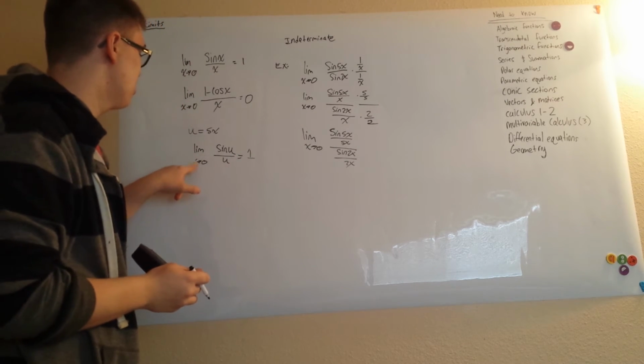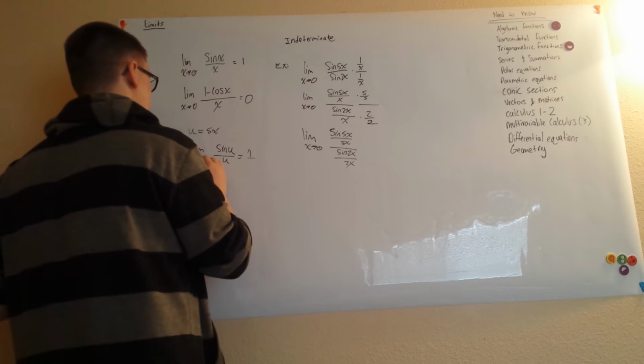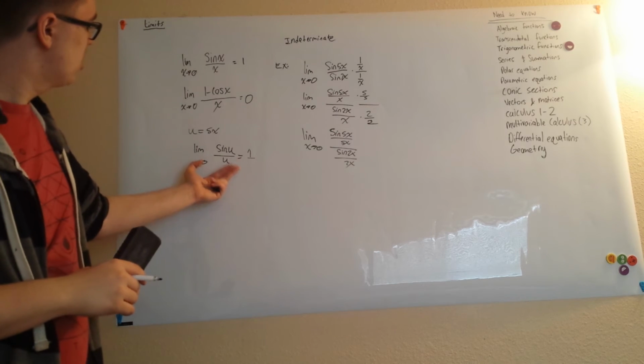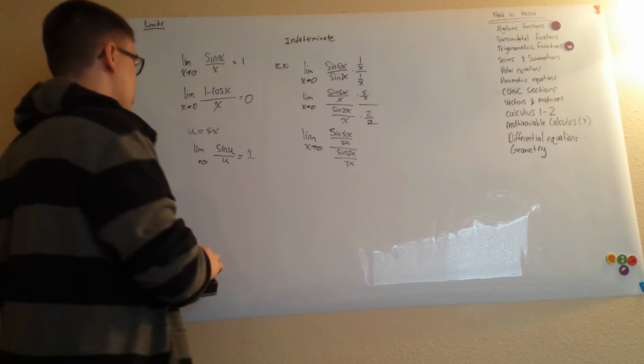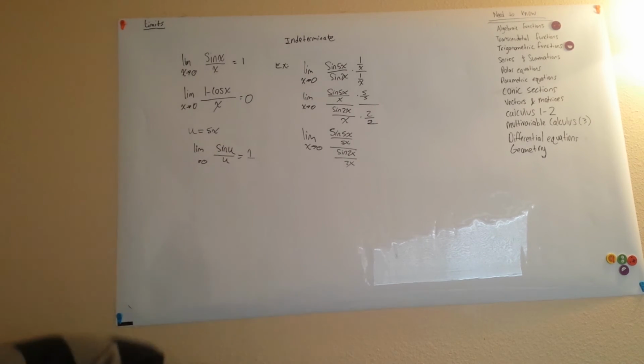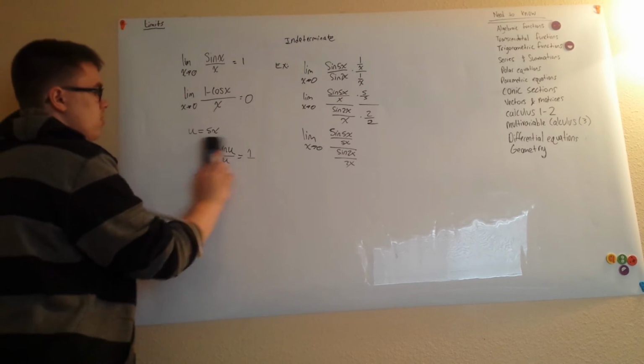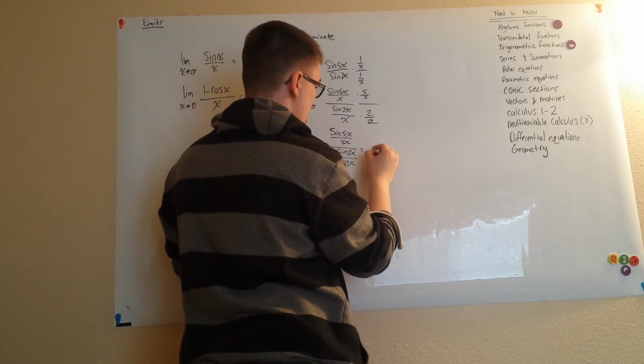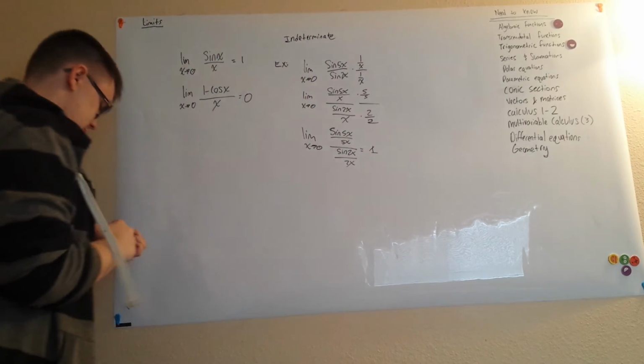It doesn't matter what the variable is. Oh, we could do a little substitution. Give us the same thing. That's a little trick you can use, but this is going to be 1 over 1, which is going to give us 1.